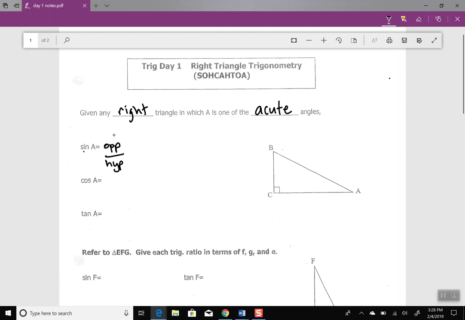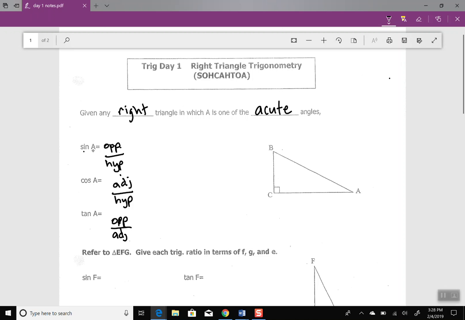So sine is equal to opposite over hypotenuse. Cosine is going to be equal to what's called the adjacent side over the hypotenuse. That's its ratio. And the tangent, TOA, is going to be equal to the opposite side over the adjacent side.